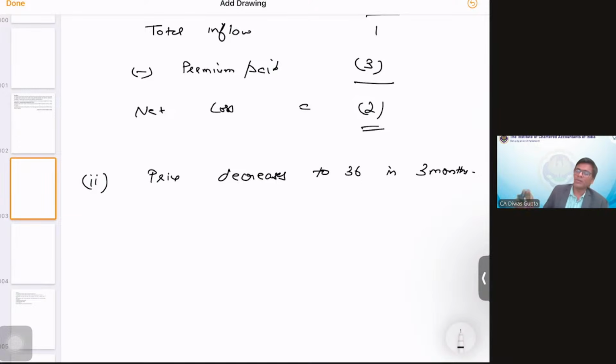So the ending position will now be based on 36. Now the put option will be exercised, right? Because the put option strike was 40. So it will be exercised at 36, which means effectively 4 rupees.